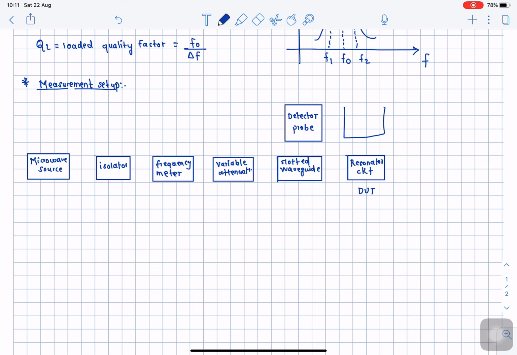As the output device we can make use of either a VSWR meter or a simple CRO.